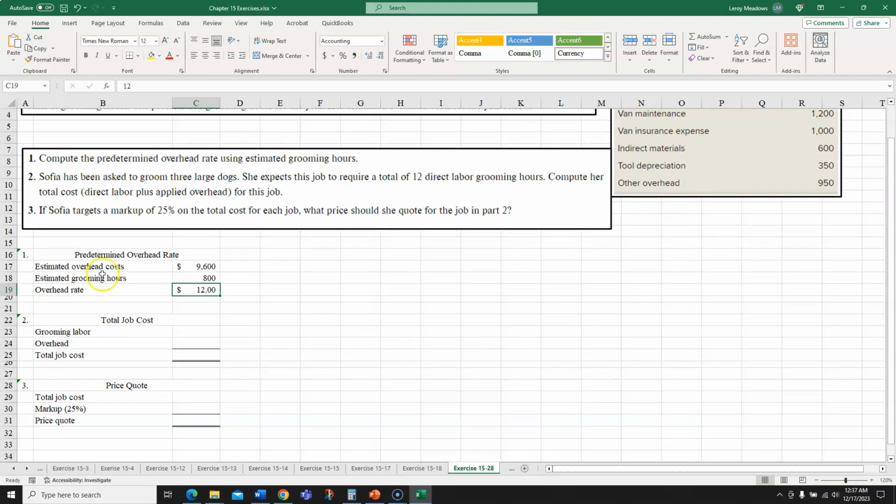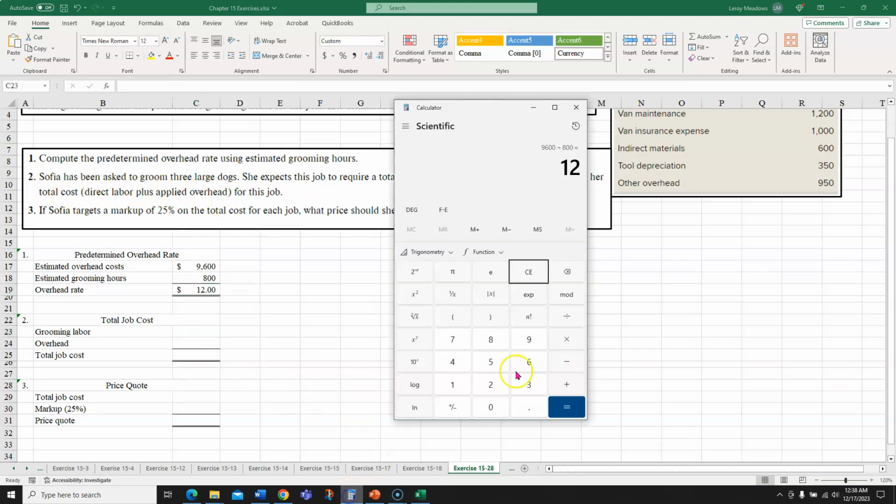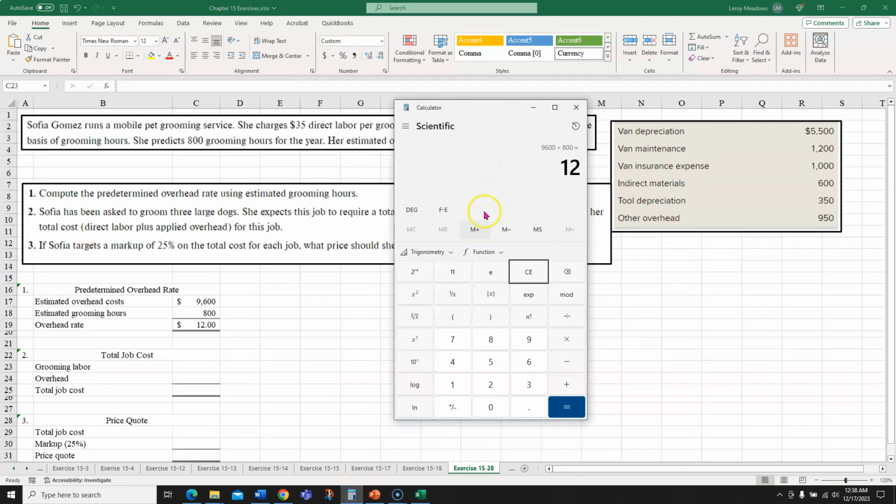So let's take a look at number 2. Sophia has been asked to groom 3 large dogs. She expects this job to require a total of 12 direct labor grooming hours. Compute her total cost, direct labor, because remember in a service company we don't have direct materials, so our total cost can be direct labor plus applied overhead for the job. So grooming labor. So what are we given here?